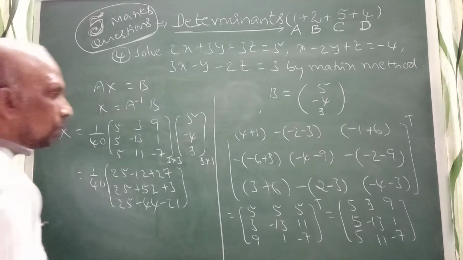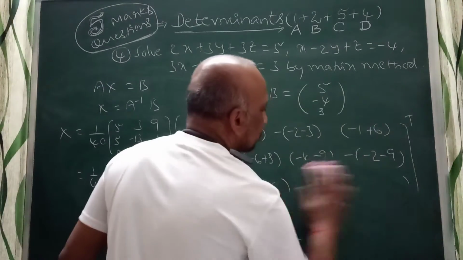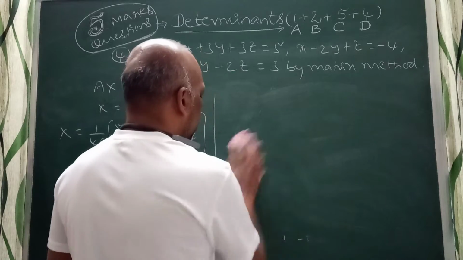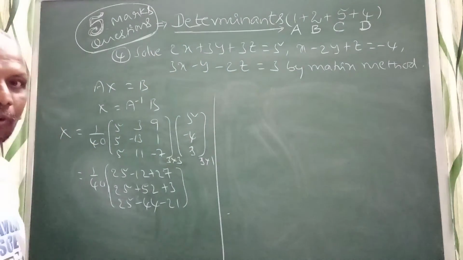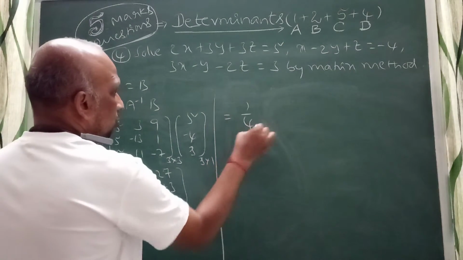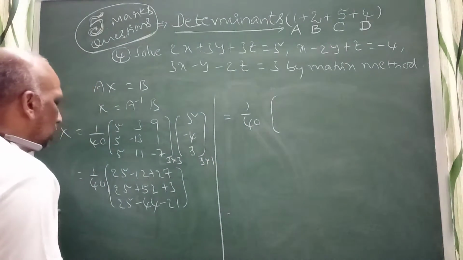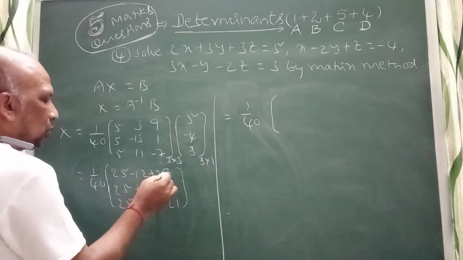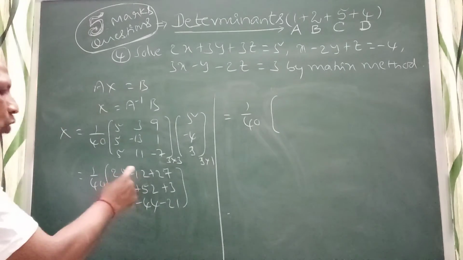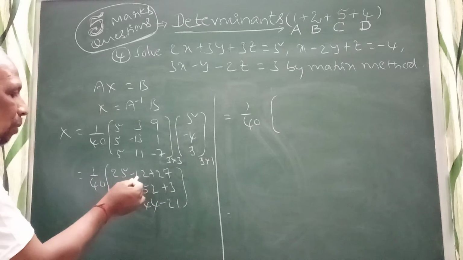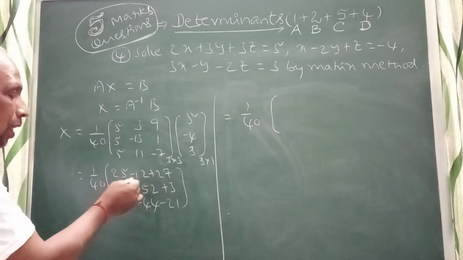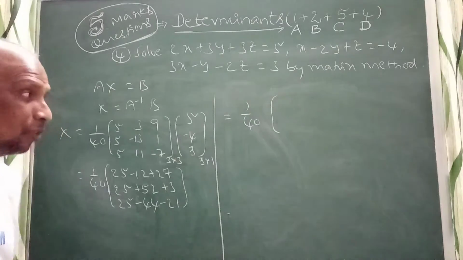I am going to simplify this, right? So I can write 1 by 40. This one 25 minus 12, you will get minus 13, plus 13, 27, 27 plus 13 is 40.